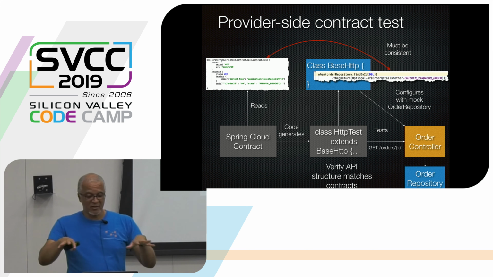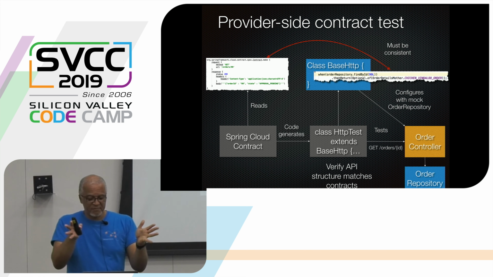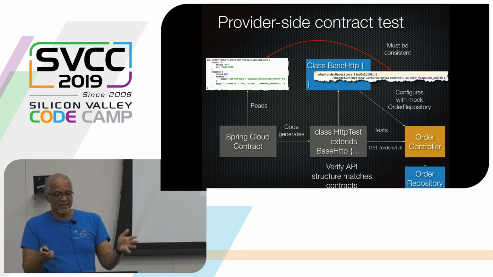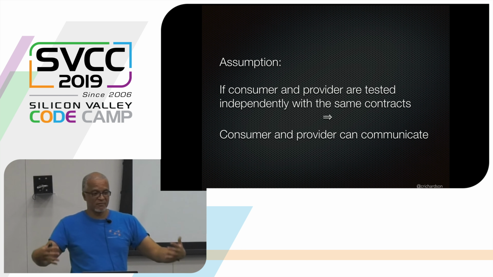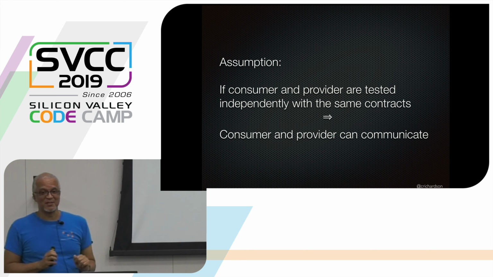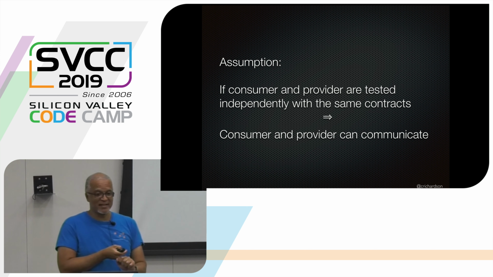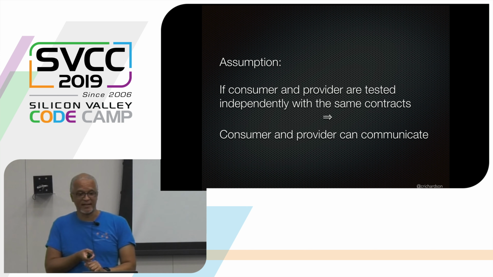And because those contracts are used to test both sides, if both parties agree, then fingers crossed, when you deploy them into production, they will work, they actually agree on what the API is.